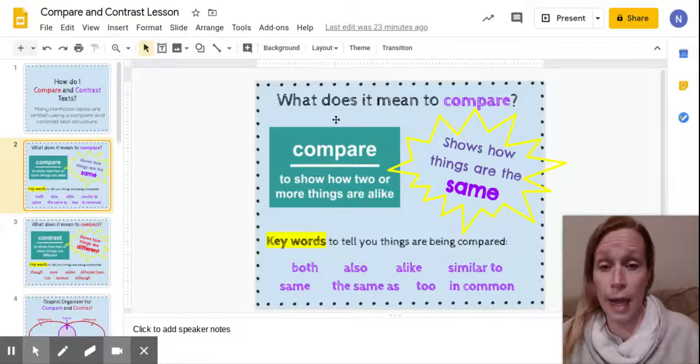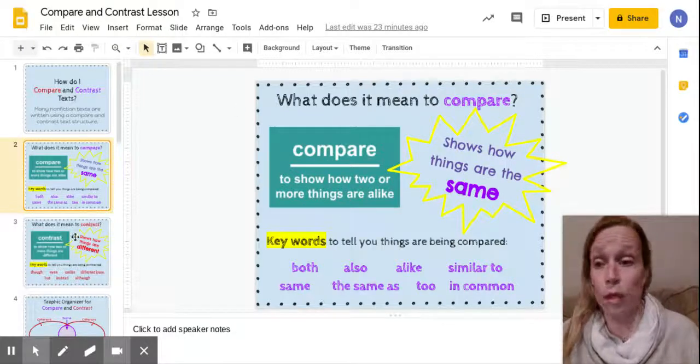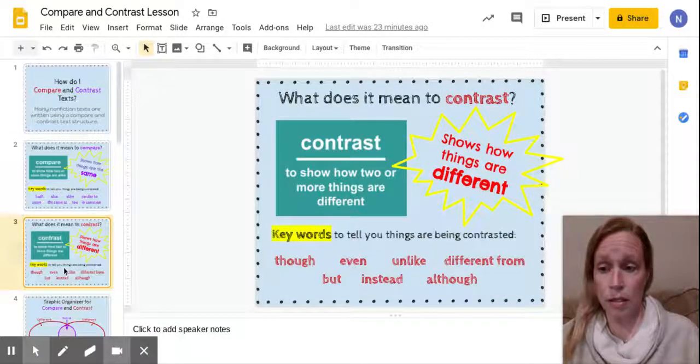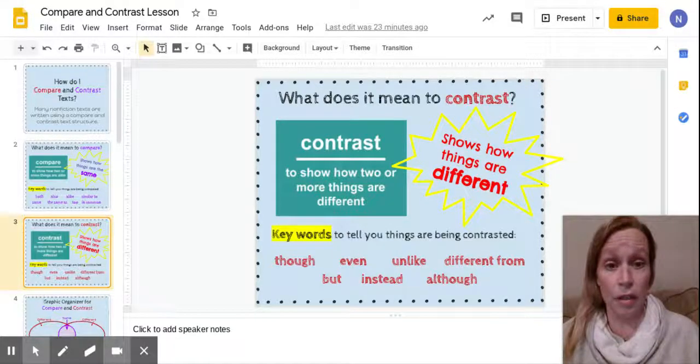So now let's talk about what it means to contrast. So what does it mean to contrast? Contrast means to show how two or more things are different.